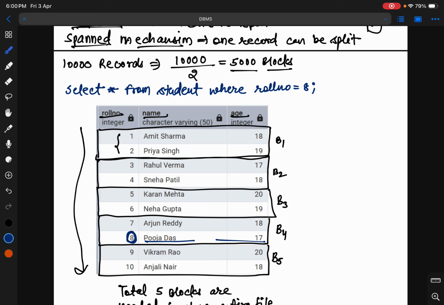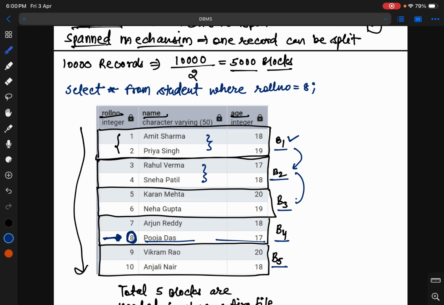Now we know that this entire file is split into small hard disk blocks, but we don't know where exactly this roll number is kept, right? We don't know the exact block number where roll number 8 is kept. So first we need to access block b1 and check whether it stores roll number 8's data.